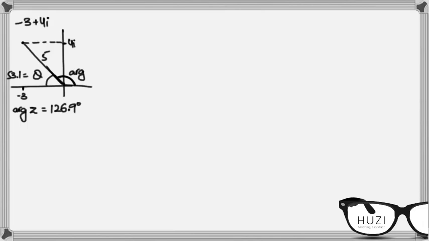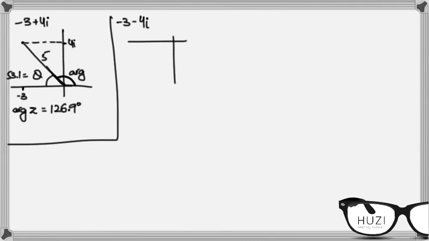Let's do another example. Let's say the complex number was minus 3 minus 4i. This means it's in the third quadrant. This over here is minus 3, and roughly this over here is minus 4i.